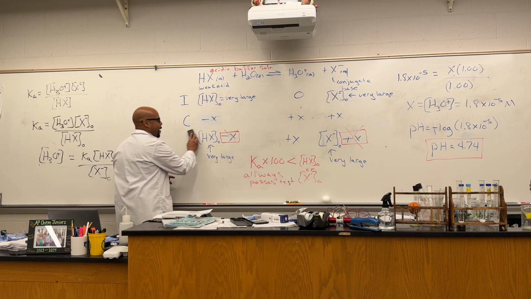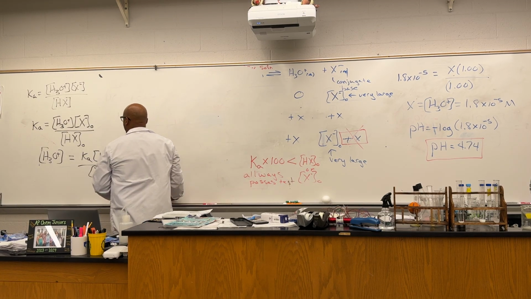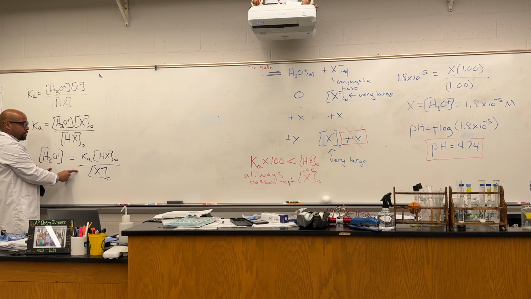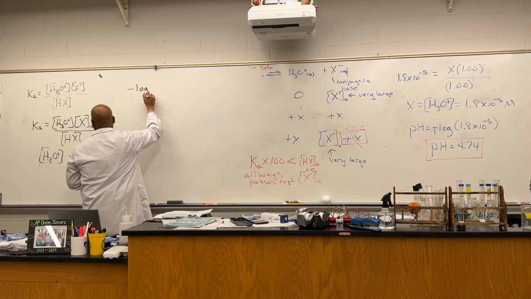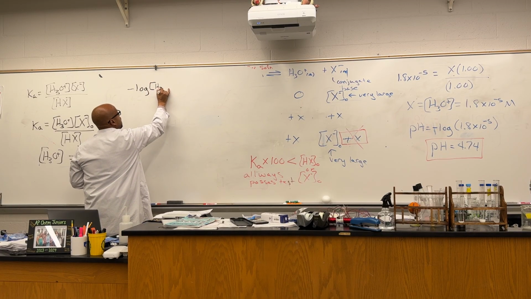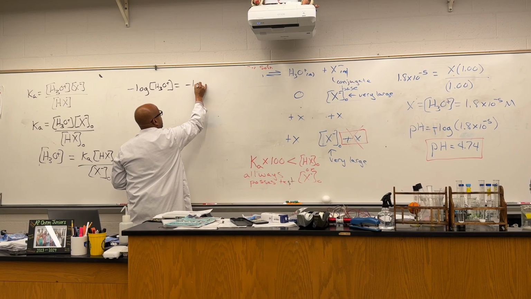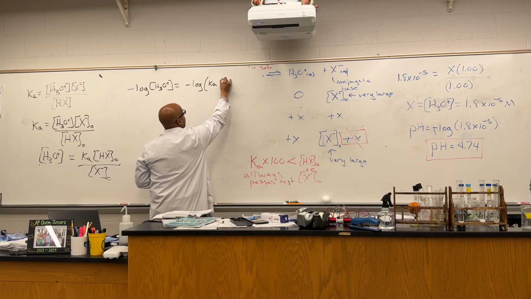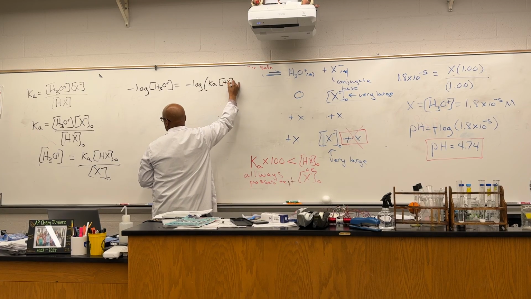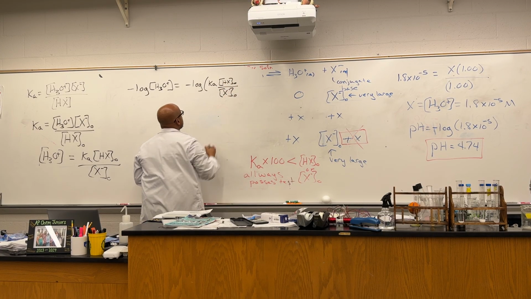So he was like, wait, why don't I just take the negative log of both sides here? And that's exactly what he did. He said, negative log of the H3O plus is equal to the negative log of Ka times the HX initial divided by the X minus initial.